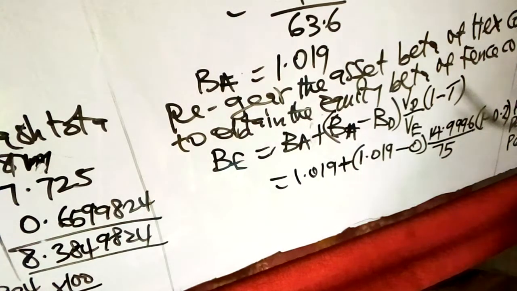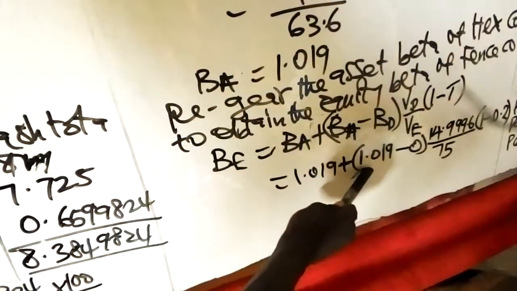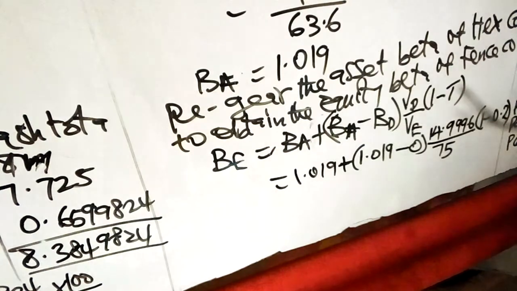So now 14.9996 times 1 minus 0.2, which will be 0.8, times 1.019, divided by 75.